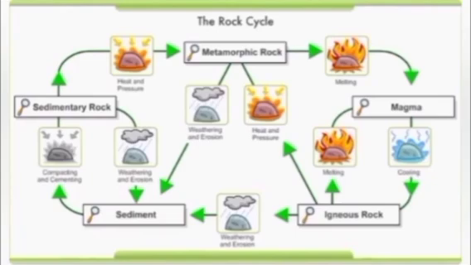Then it is eroded by natural elements like wind and water. So the igneous rocks will get weathered, which means it will get broken down into small fine particles and get deposited at the coastal areas. So that's called sedimentary rocks.